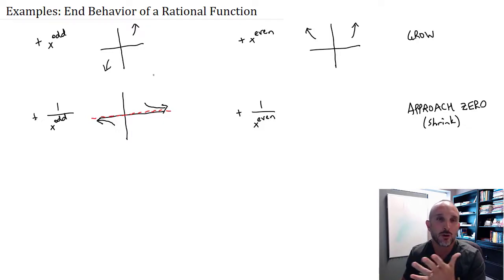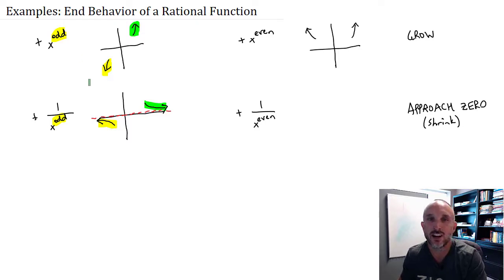Notice whether it's x to an odd power or 1 over x to an odd power, the left side is negative and the right side is positive.